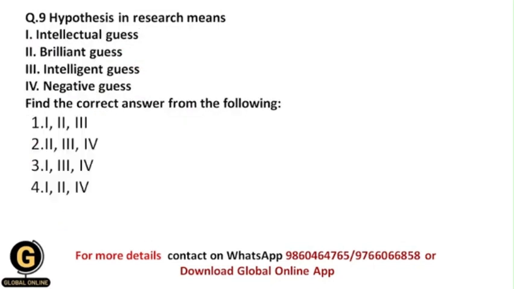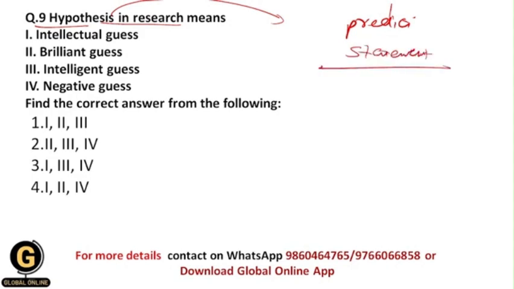Okay, next, hypothesis in research means. What is the meaning of hypothesis? As I have told you earlier in the previous video as well, hypothesis is basically the prediction of the results of your whole research process. Whenever you are doing a proper prediction, this is a statement, and this statement includes proper clarity about the variables under study.